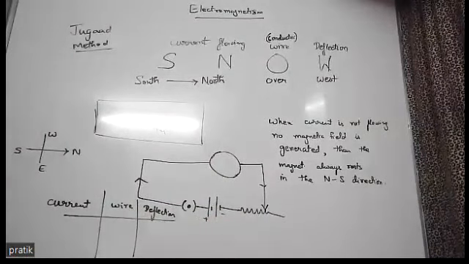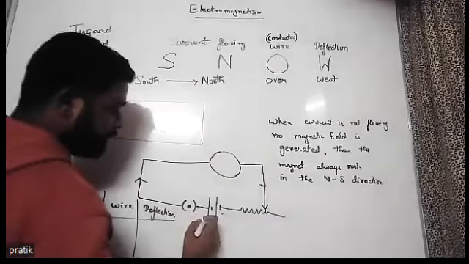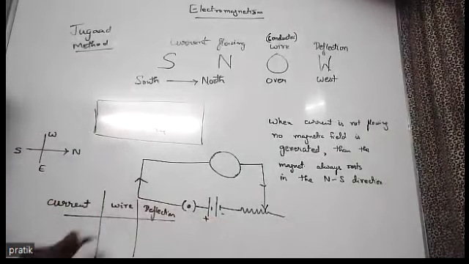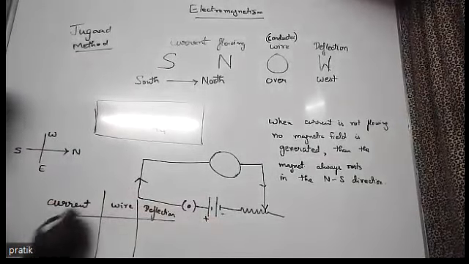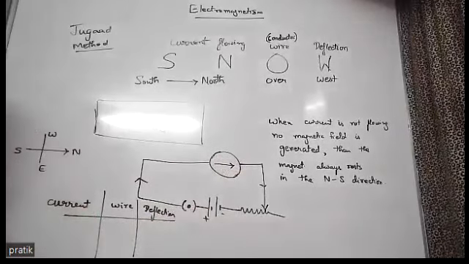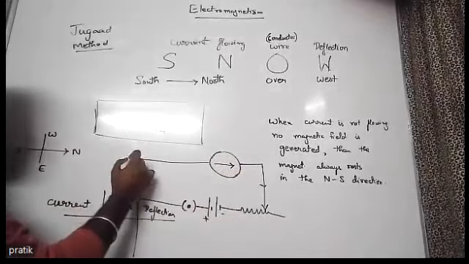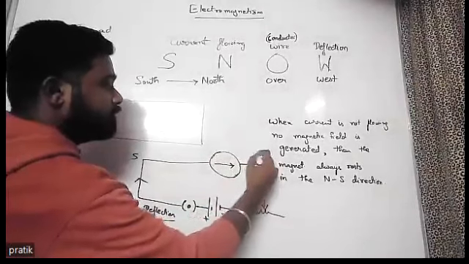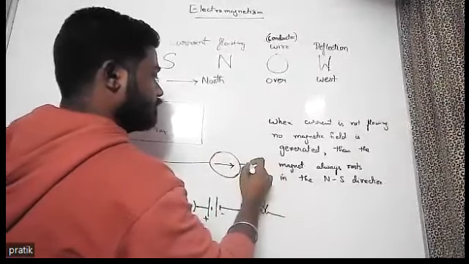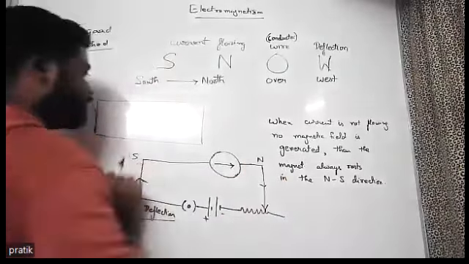Current always flows from positive terminal to negative terminal, correct? So now, when the current is flowing, this was the needle, right? That means this is south and this is north. Yes or no?